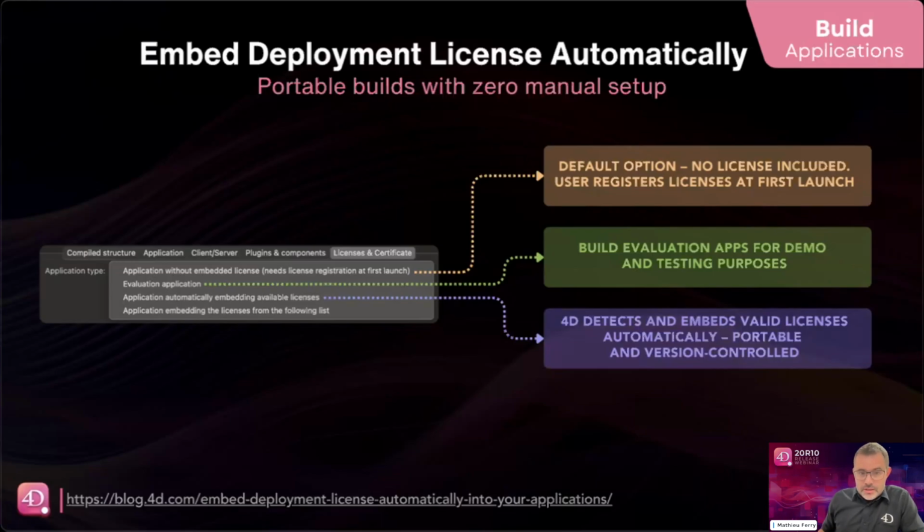Then comes automatic embedding. Here, 4D checks your machine for valid deployment licenses and includes them in the app. You don't need to specify anything manually, and nothing is hard-coded into the build settings. That means your build file is cleaner and easy to reuse or share across your teams.